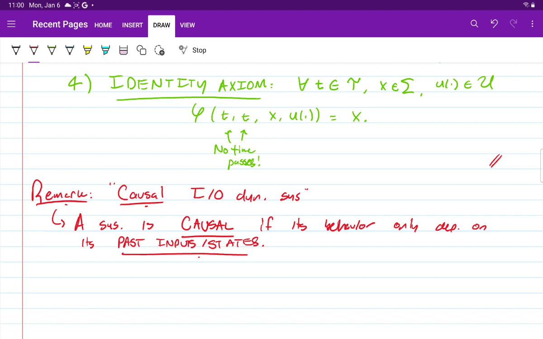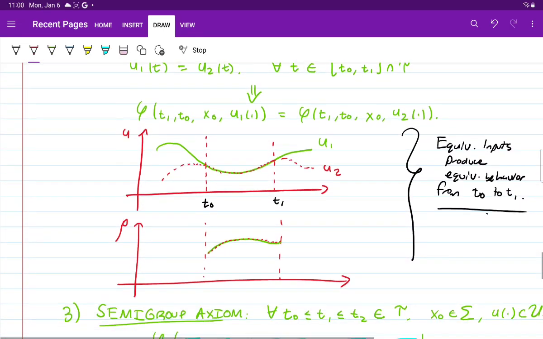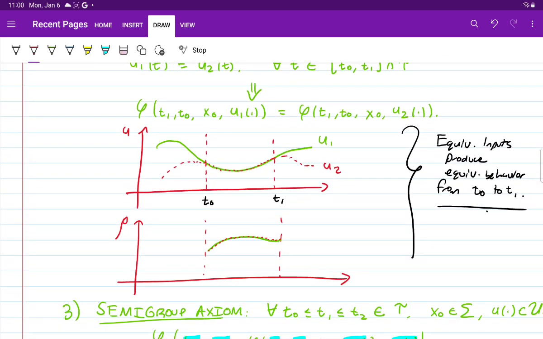Well, it turns out that the idea of causality is really baked into this restriction axiom over here. What we have in the restriction axiom is that even if signals u1 and u2 differ after time t1, our state transition map is completely agnostic to this. It doesn't care if these two input signals differ after time t1.